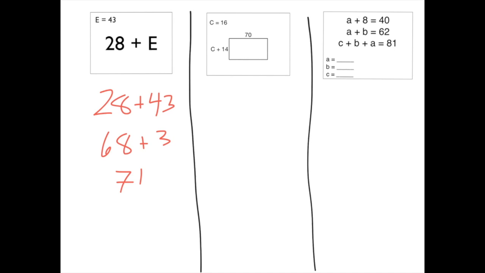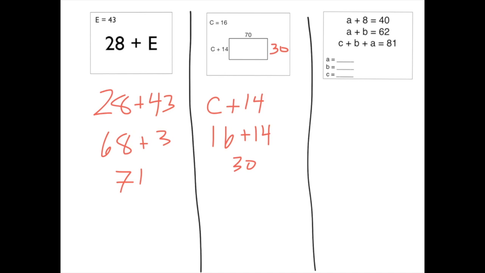I really encourage them to work at it step by step and make the question a little bit easier. So the first thing to realize is that if c is equal to 16, then the dimension of my second side, which is 16 plus 14, is 30.